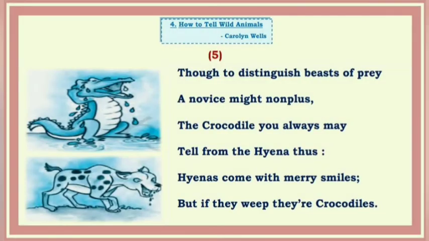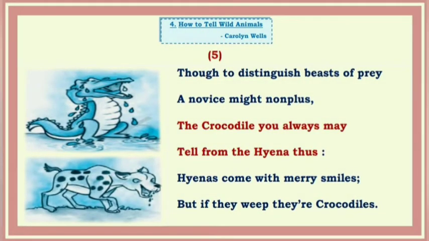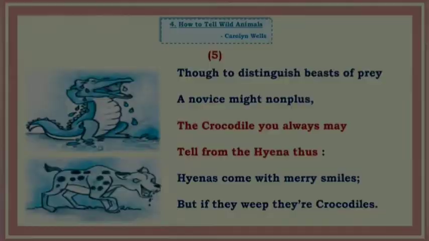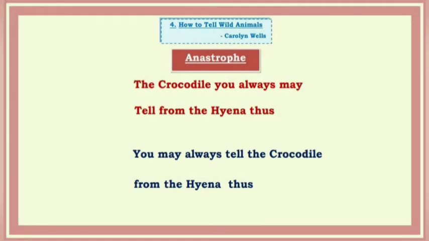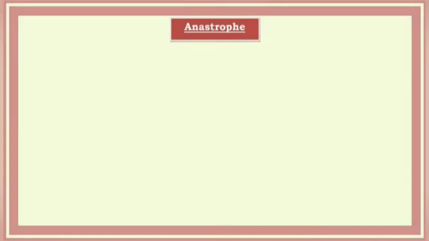Even in the line, the crocodile you always may tell from the hyena thus. The order of the words is changed from its normal word order, that is, you may always tell the crocodile from the hyena thus. So children, these are the examples of anastrophe or inversion in the poem.